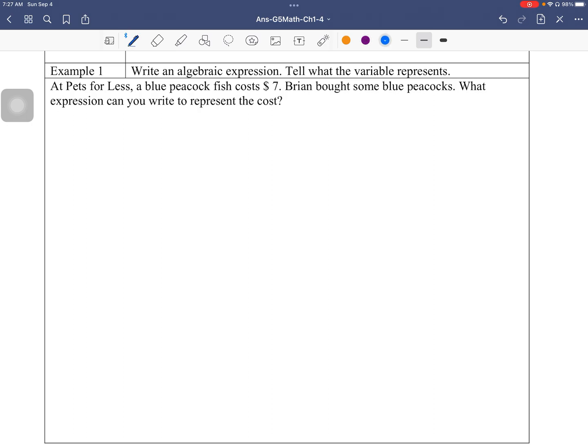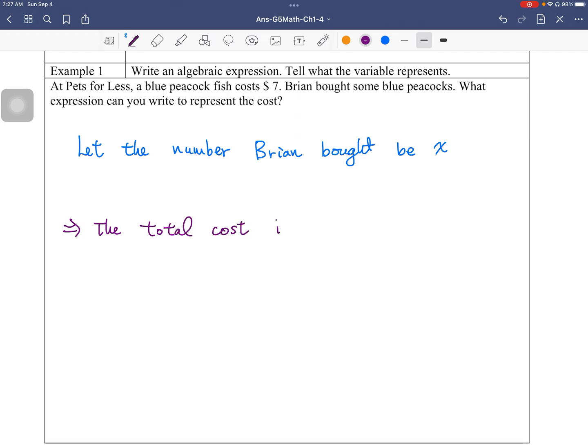So now let the number Brian bought be x. So the total cost is 7x.